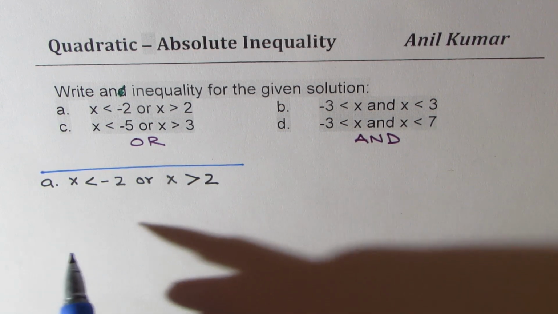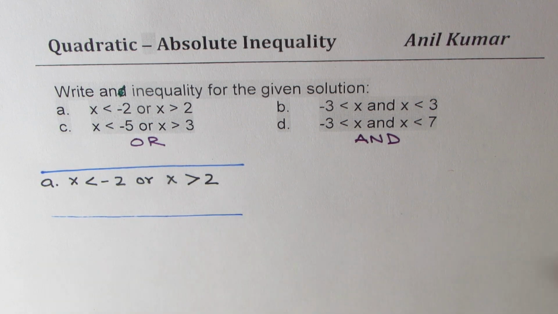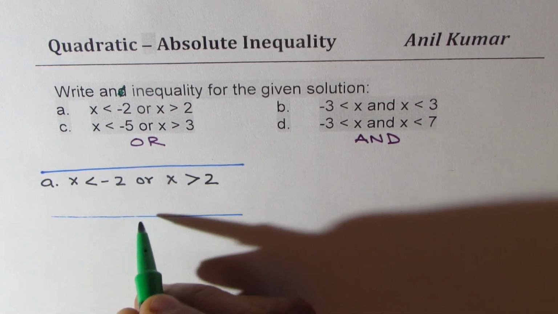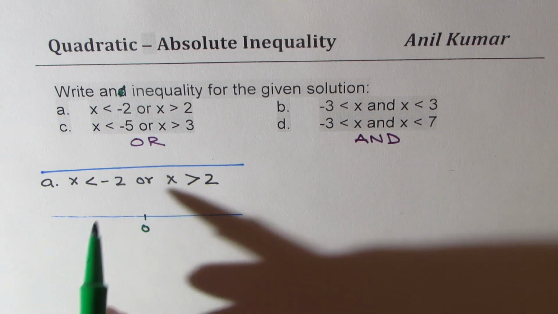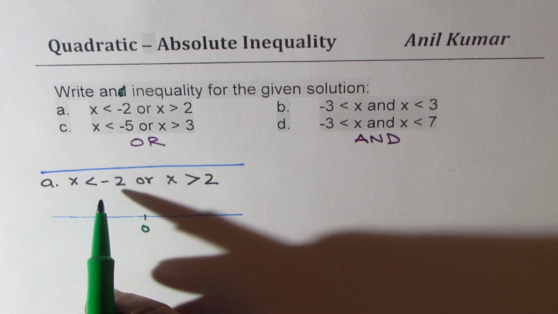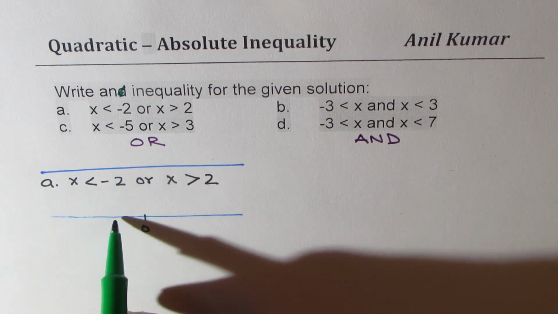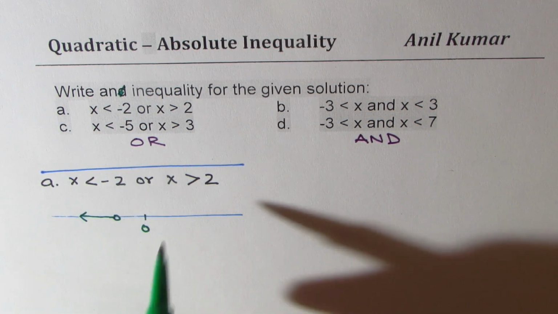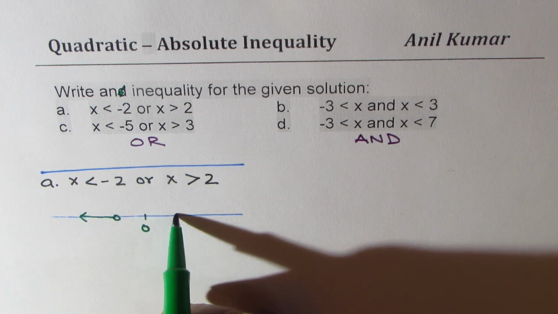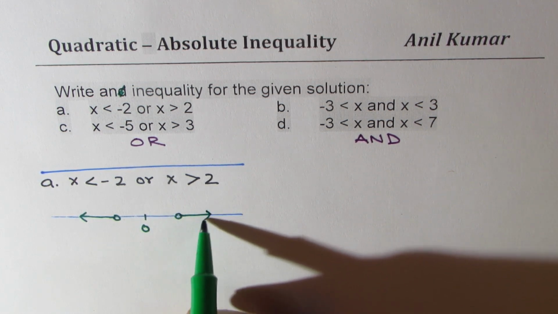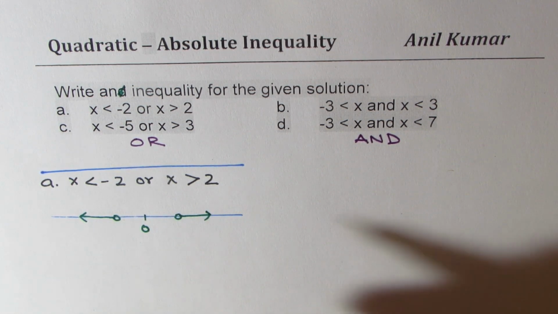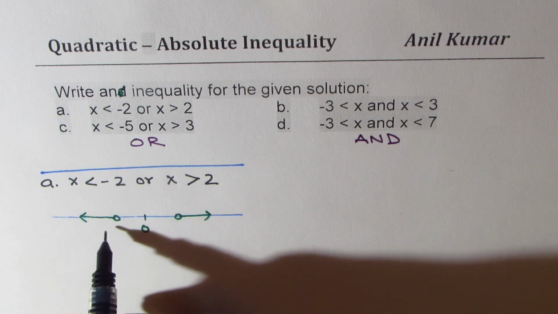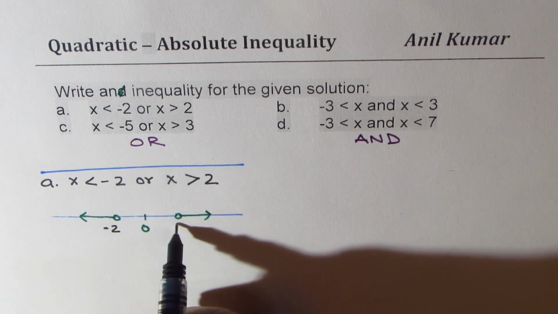It means that if I have a number line, and on a number line, we are saying the solution is that if this is 0, we are looking for a solution where x is on the left side of minus 2, not including minus 2, or it is on the right side of 2, something like this. So we have minus 2 left side and right side.